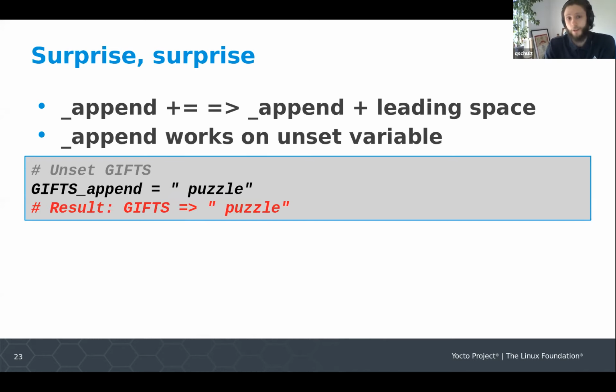And why is that so important? We're going to see it in the next slide, and also _append works on unset variables. So if you do not have gifts set before, in that example, if you do gifts underscore append, then it's going to be set to puzzle. So there is no requirement about the variable being set or not.